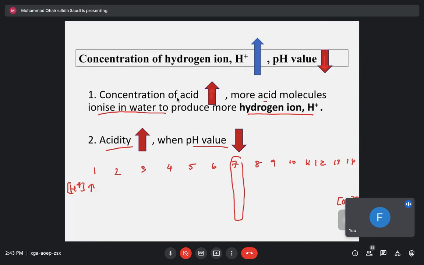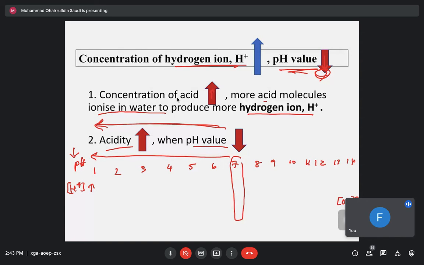So, when the concentration of hydrogen ion increase, maksudnya ke arah kiri kan? When the concentration of hydrogen ion increase, pH value decrease. Tengoklah. Makin tinggi hydrogen ions punya concentration, tengok belah sini. So, pH value decrease.